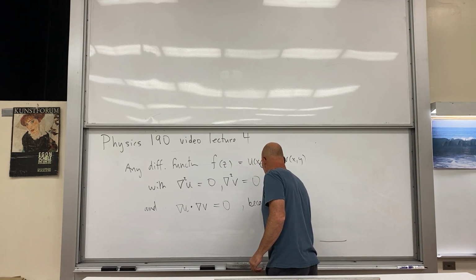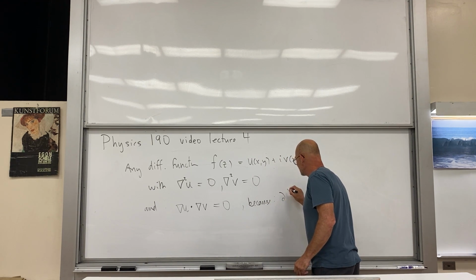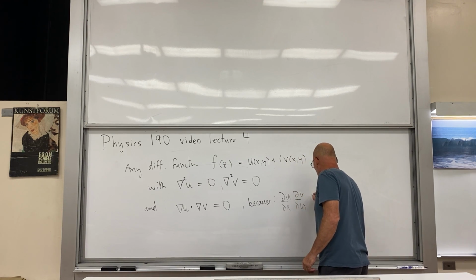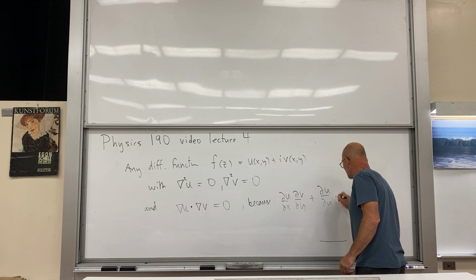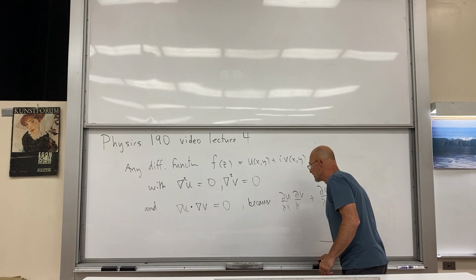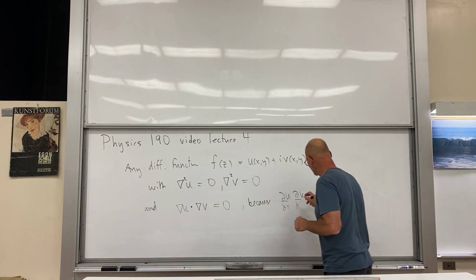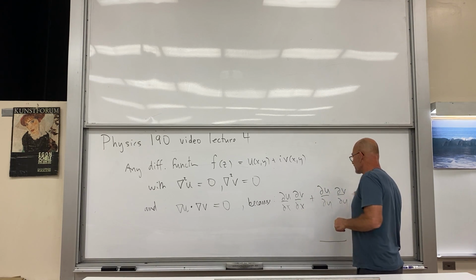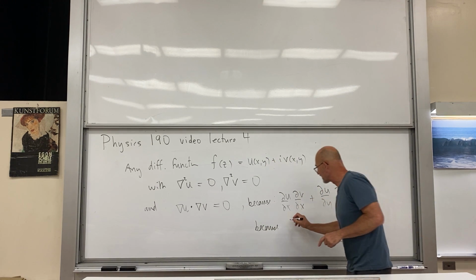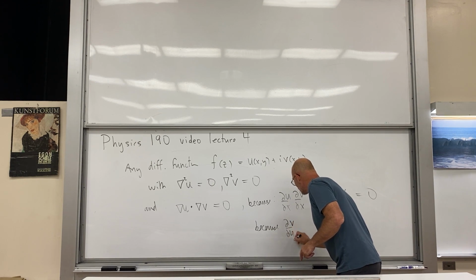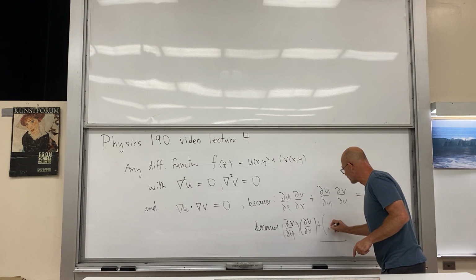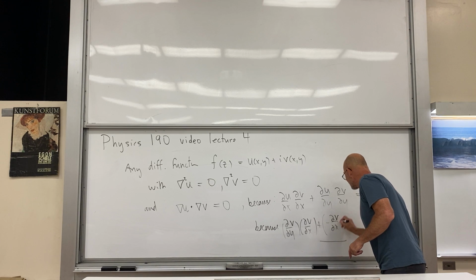The dot product of these two gradients is du dx dv dx plus du dy dv dy, and this needs to equal 0. Because of the Cauchy-Riemann equations, du dx is equal to dv dy, and du dy is minus dv dx.